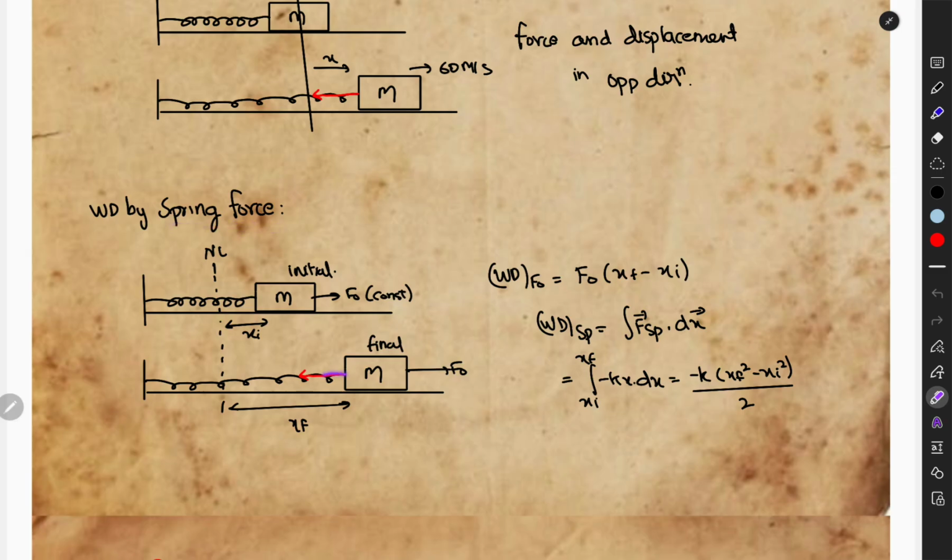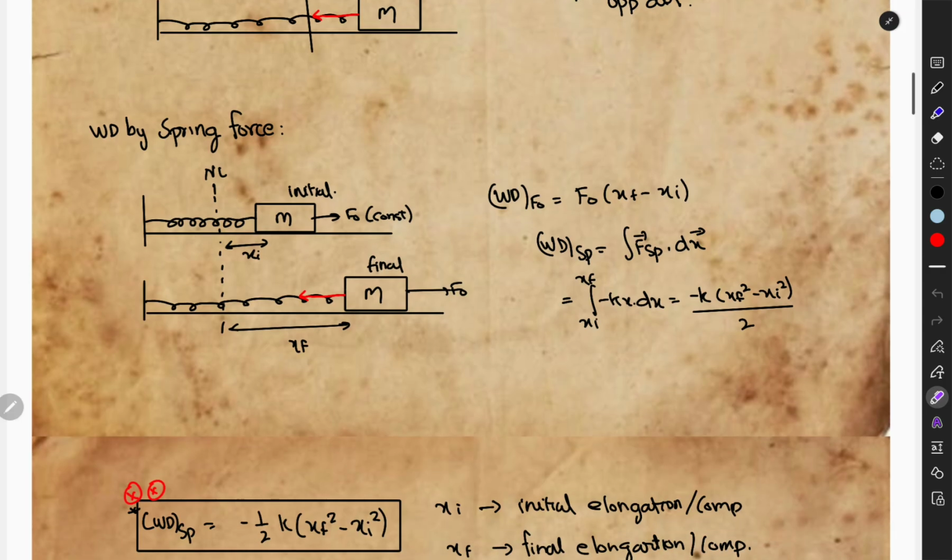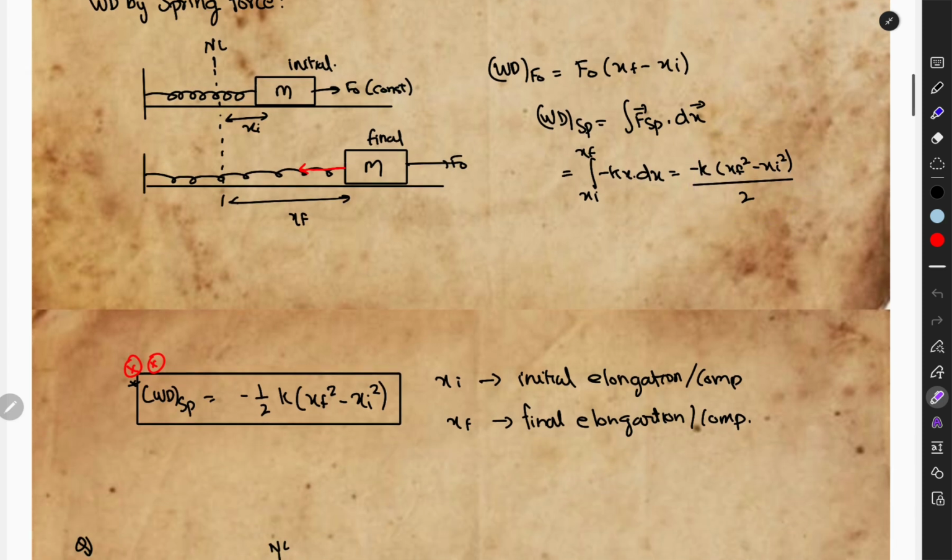So another force is this, and the distance between the natural length and the final position is x final. In that case we will simply integrate F sp dx, so from x initial to x final of minus kx dx, and if we integrate it we'll get something like this.